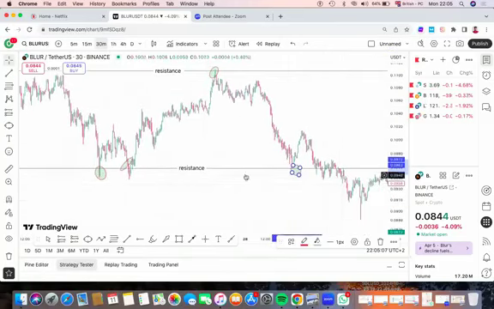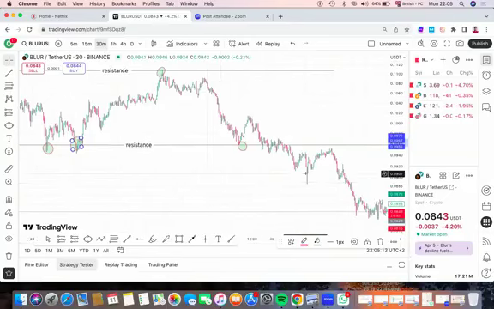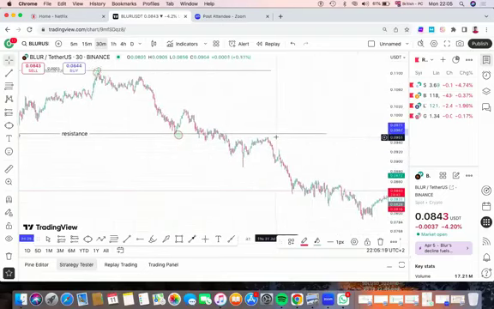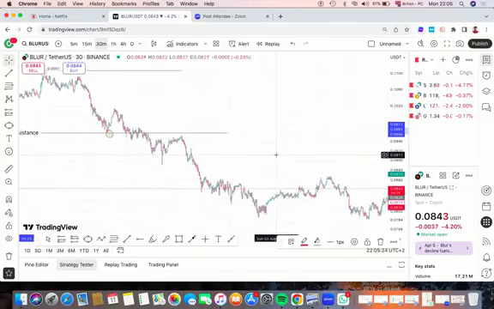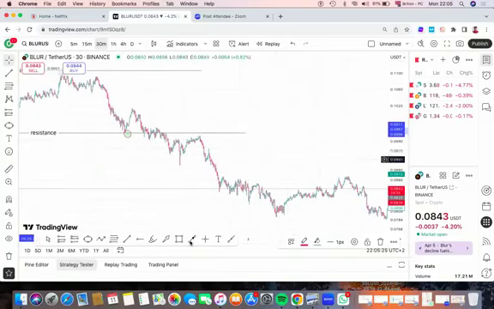So already we knew that. So now here became our new resistance, and this is our new support. And we know that from this area, from when market broke out, there was definitely going to be a downtrend.